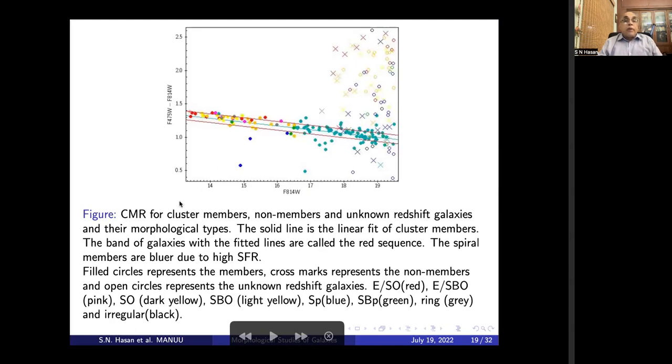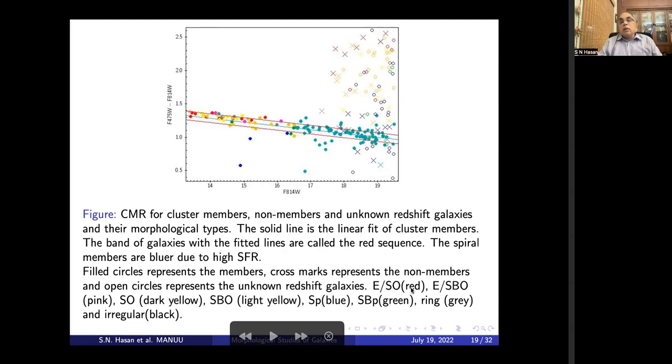The figure gives you the color magnitude relationship for cluster members, non-members and unknown redshift galaxies, and their morphological types. The solid line is the linear fit of the cluster members, and the band of galaxies around the fitted line is called the red sequence. The spiral members are bluer due to high star formation rates. Filled circles represent the members, cross marks represent the non-members, and open circles represent the unknown redshift galaxies.